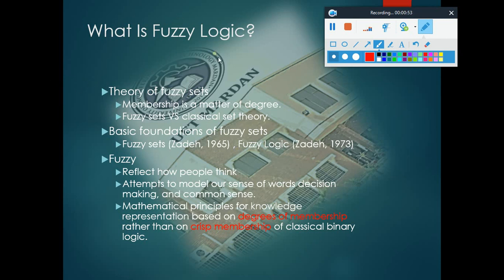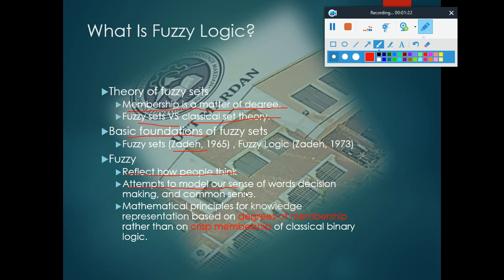What is fuzzy logic? Fuzzy logic membership is a matter of degree. Fuzzy sets versus classical set theory. Founder of fuzzy logic is Zadeh, and fuzzy logic reflects how people think.